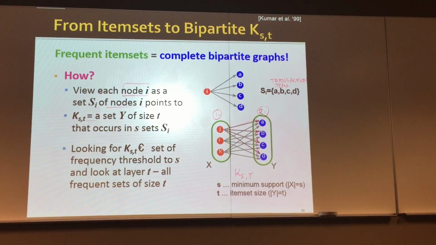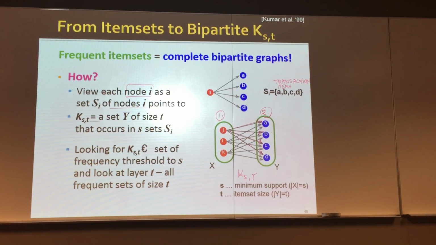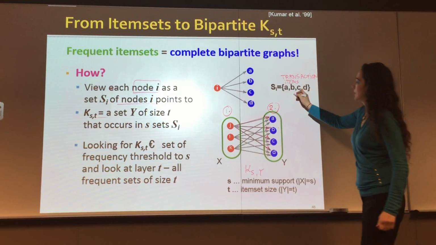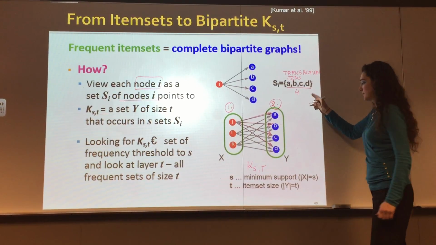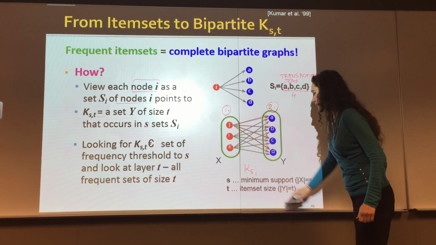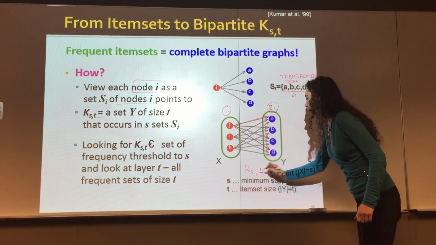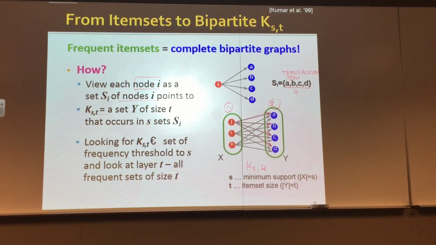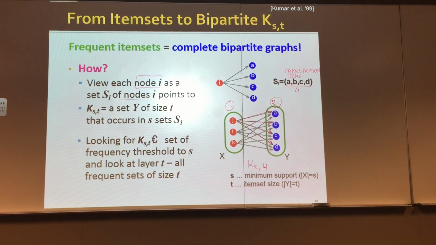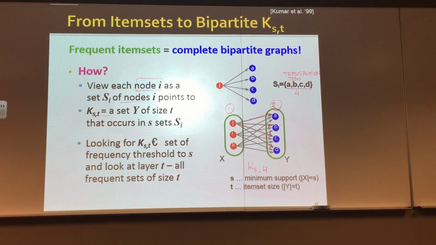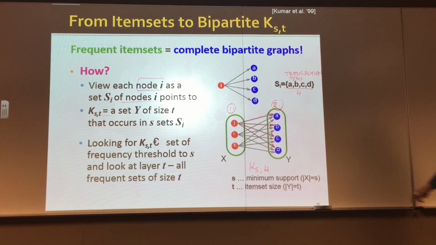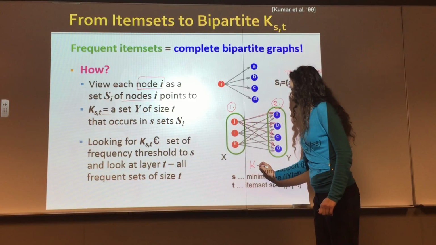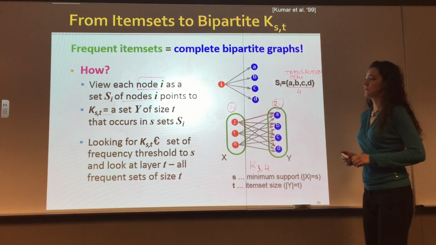So we want to find frequent item sets of size 4 because there are 4 items here. So the item set size will be 4. And minimum support will be equal to 3 because we have 3 nodes on the left side of the graph.